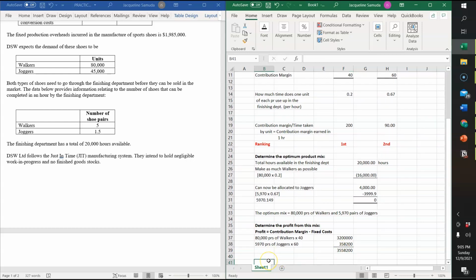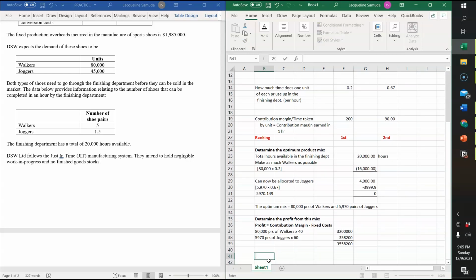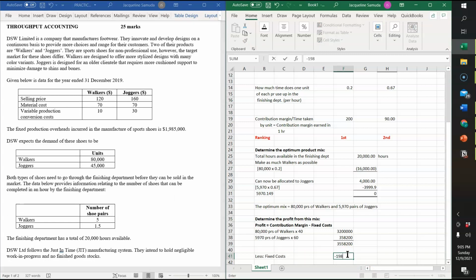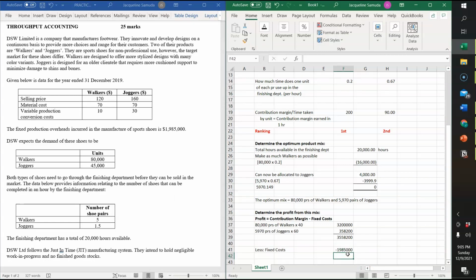Then we can now subtract the fixed cost, and that will give us our profit. If I could spell the word fixed, that would be good. And let's look at it. It's 1,985,123.